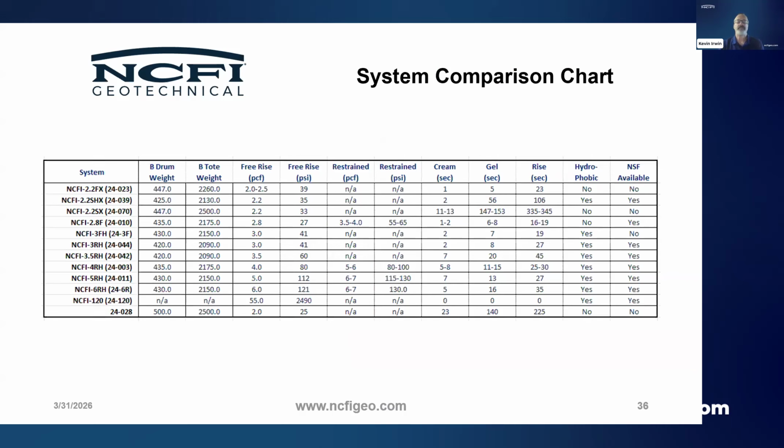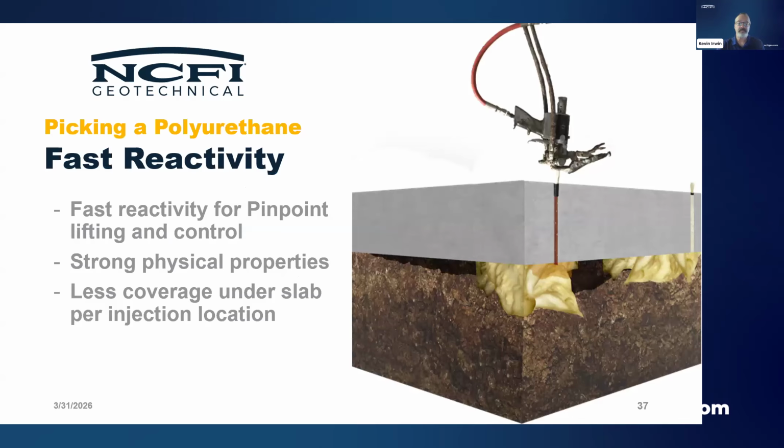That's our 2.2 FX, which is basically a spray foam system. That's a low exotherm void fill system. Cream time is 1 second. Compare that two rows down, to 11 to 13 seconds for one of our other systems. So you can see there's quite a big range of cream times, gel times, that kind of thing.